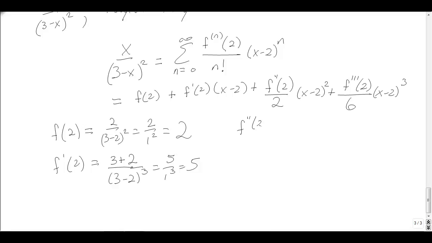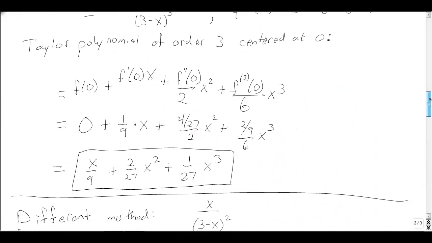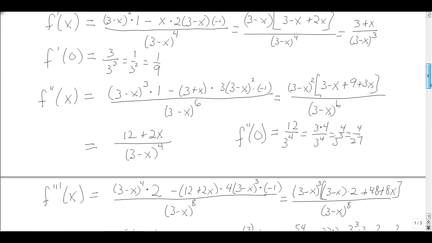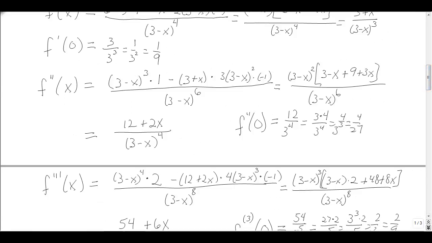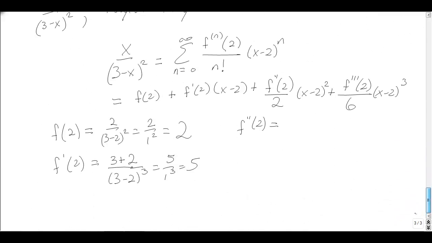Now the second derivative evaluated at 2. Let's go find our formula for the second derivative. It was 12 plus 2x over 3 minus x to the 4th. So it's 12 plus 2 times 2 over 3 minus 2 to the 4th.